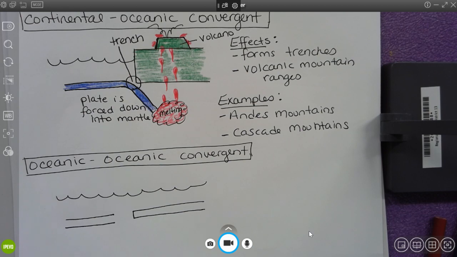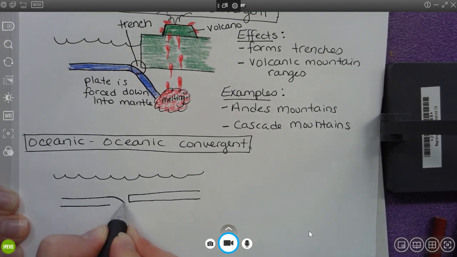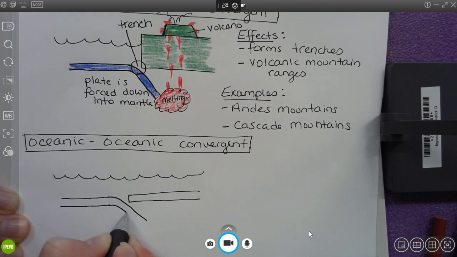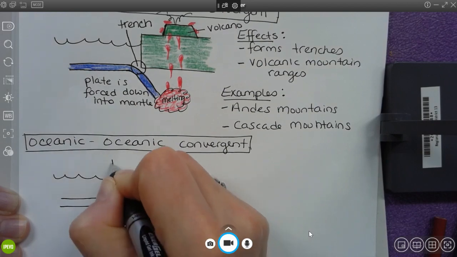Okay, so I'm going to say that this one over here has a higher density, and that's the one that is going to subduct. So again, we're going to kind of draw it plunging beneath this other plate. So again, you're going to have the forming of a trench.